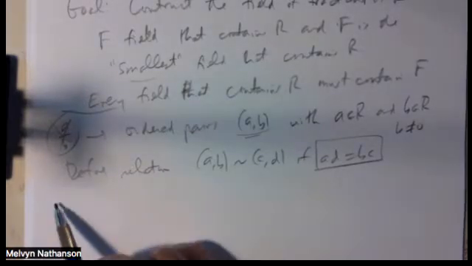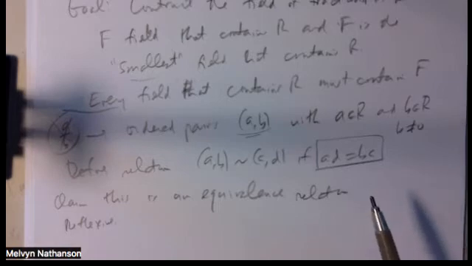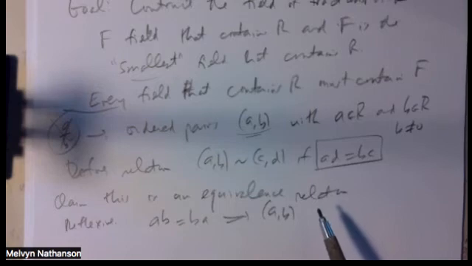And I claim this is an equivalence relation. So I have to show, first of all, it's reflexive. AB does equal BA, which means that the pair A comma B is equivalent to BA, right?